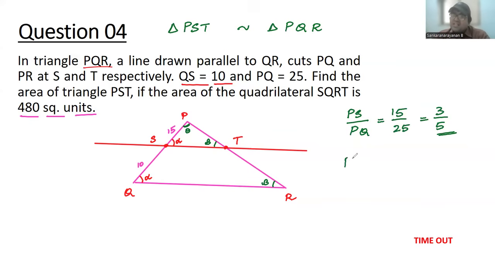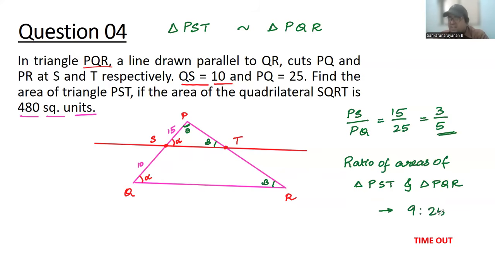So I can thus conclude that the ratio of areas of triangle PST and triangle PQR, you know, the ratio of the areas is going to be the duplicate ratio of 3:5, and that is nothing but 9:25. Got it?